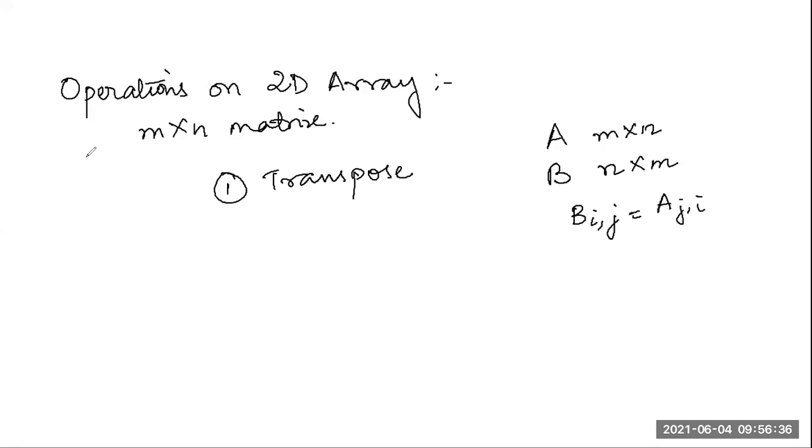Now the second operation allowed on matrices was the sum, addition. If two matrices are compatible with each other, they can be added together and the result stored in a third matrix. When do we say two matrices are compatible? When they have the same number of rows and columns.